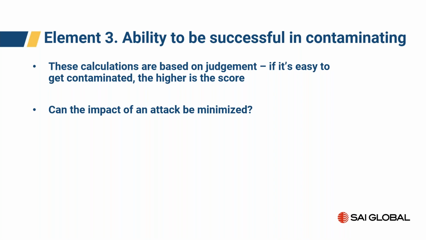This one again is based on a calculation. How easy is it for them to contaminate, and how long would they have to stand there? And can you minimize that attack? Can you do something like lids on mixers? Mixers that if you open them, the motor kicks off, or an alarm goes off, covers over things.